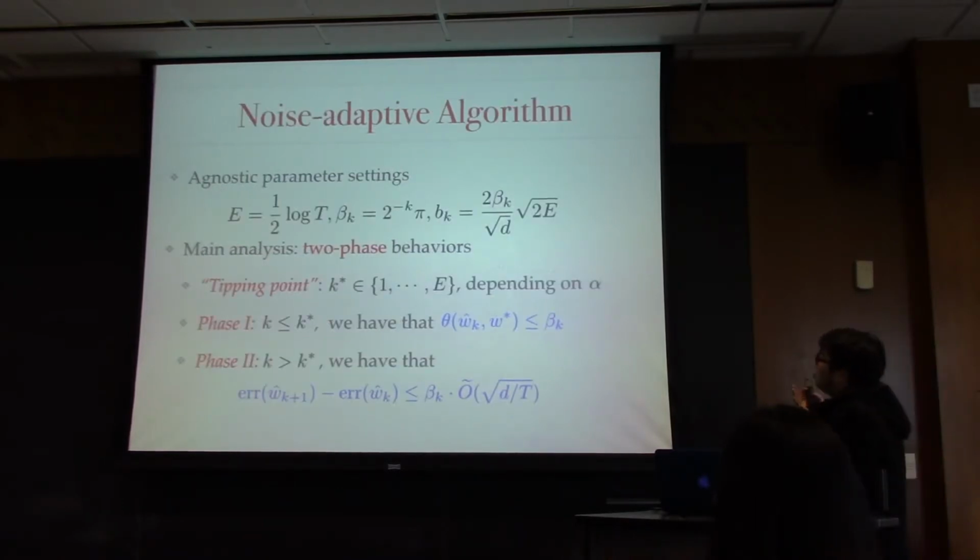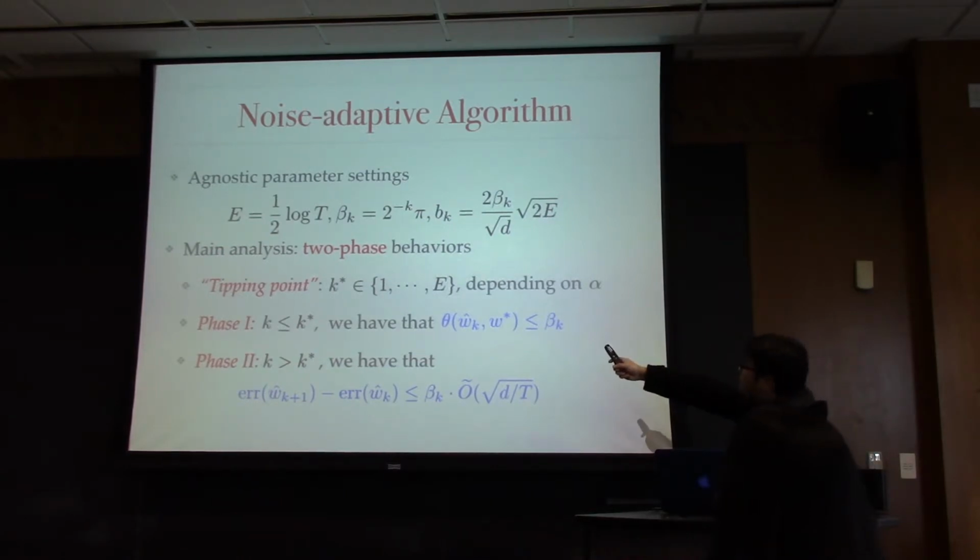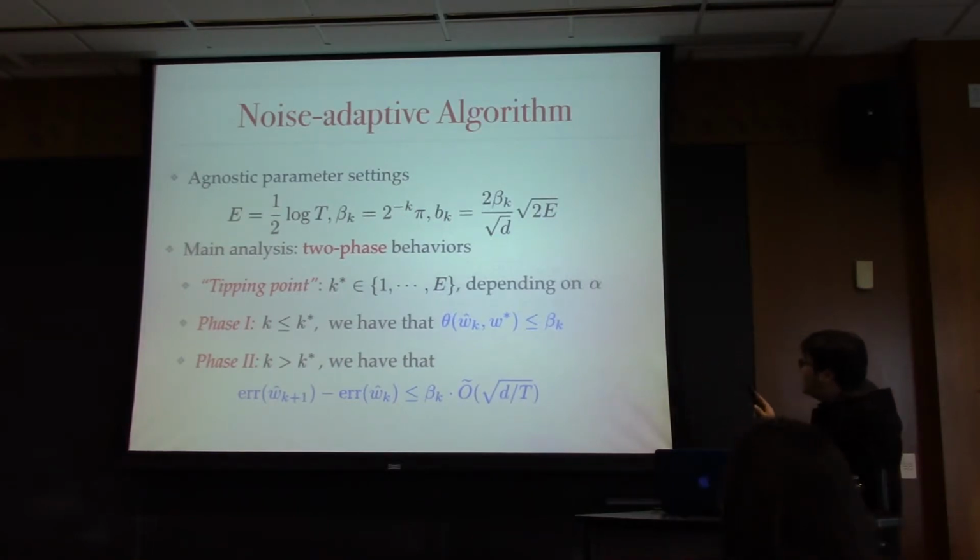So the first step is we proposed an agnostic setting of the margin and search parameters. In this setting, capital E, the number of iterations, is just 1/2 of the logarithm of the total query budget capital T. And my setting of the search parameter beta k and the margin parameter bk are completely agnostic.